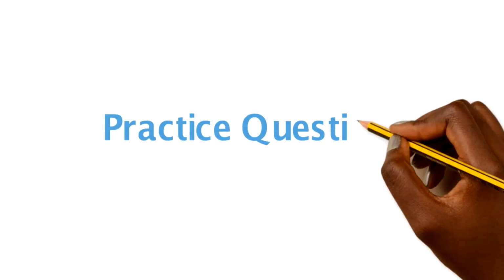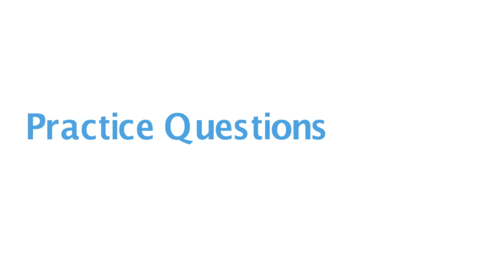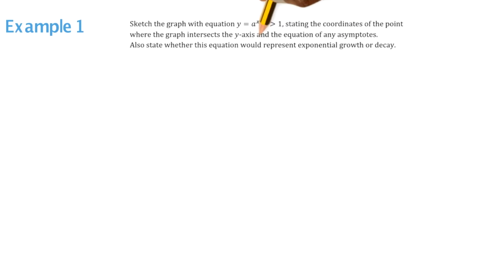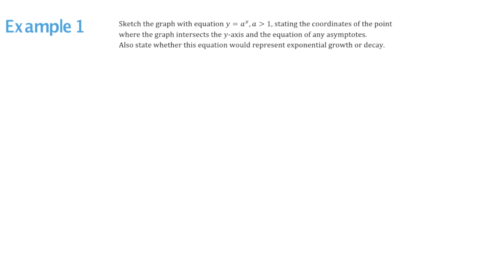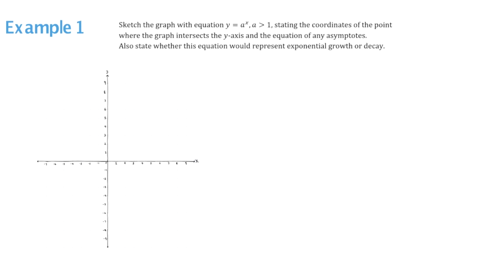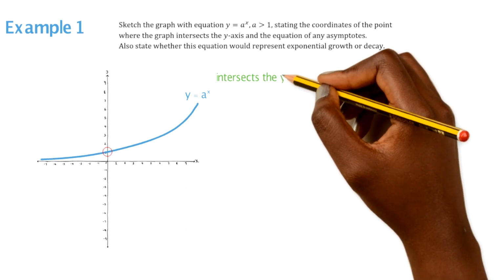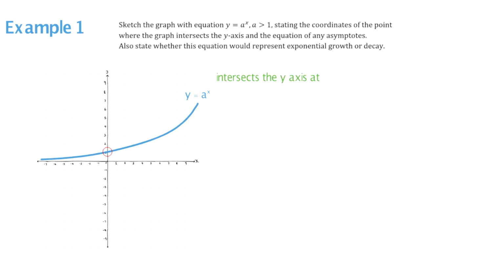So now we're going to head into some practice questions because I feel like it's just going to clear everything that I've explained up. So example 1. In this example, it basically wants us to sketch the graph of y is equal to a to the power of x, where a is greater than 1. So here is the graph, and basically notice how it's intersecting the y-axis at 0, 1.